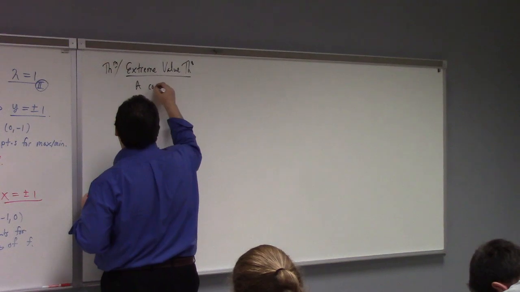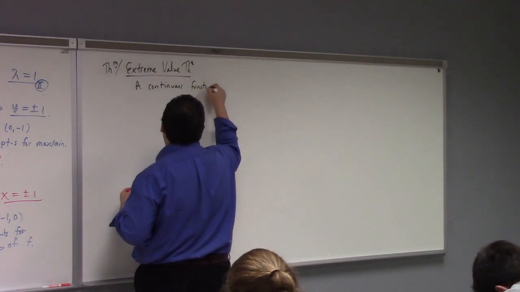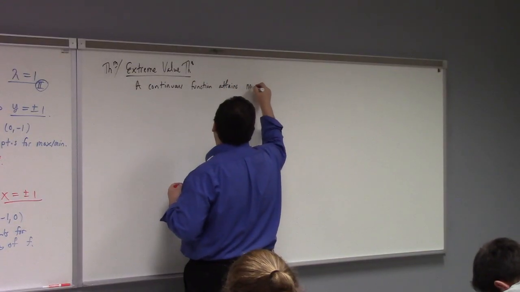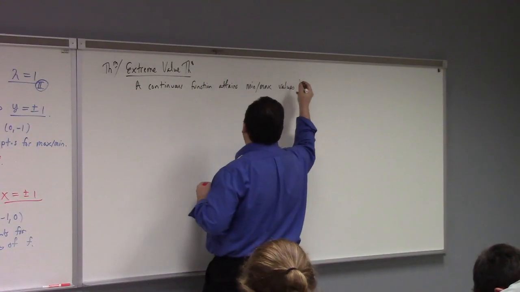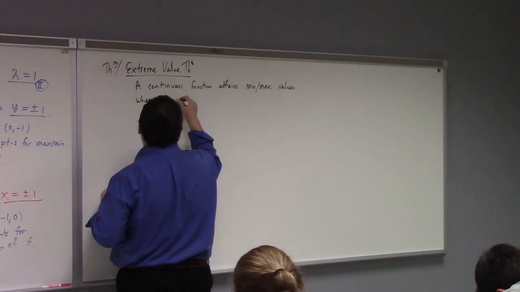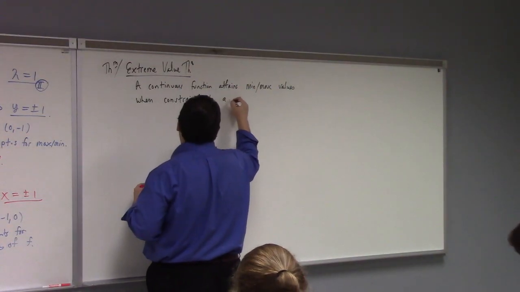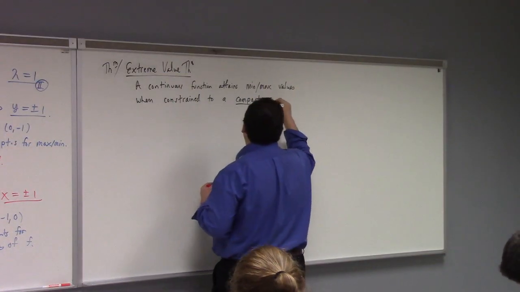A continuous function attains its minimum and maximum values when constrained to a compact set.